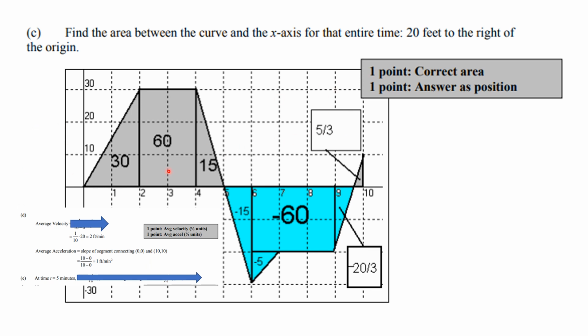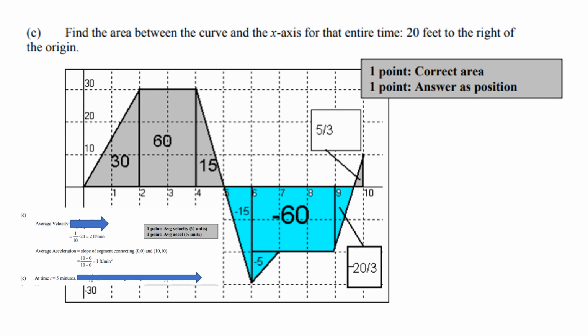Now remember, this is a velocity curve, and so the velocity changed from 0 to 10 in 10 minutes. So it's 1 foot per minute squared. And you were furthest from the origin when you were here, because that was 105, and that was at time t equal 5 minutes.